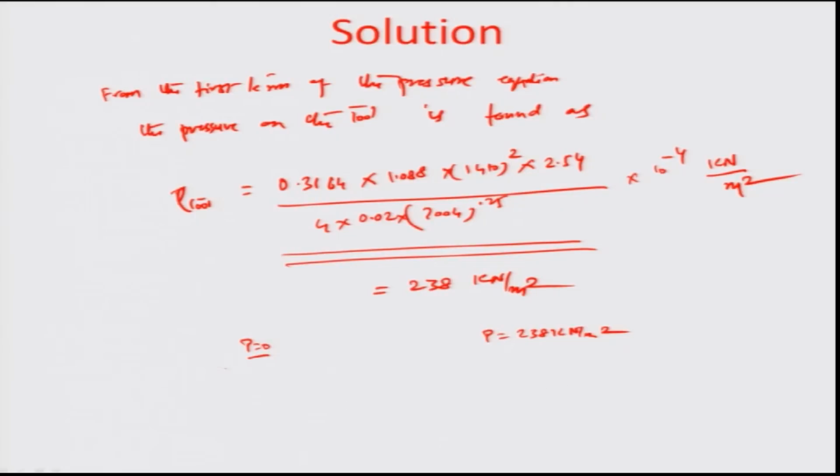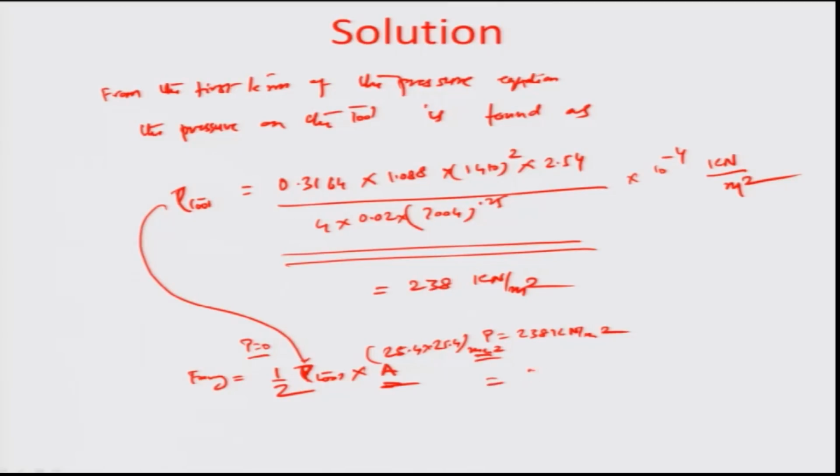So, the overall average force that the electrolyte would apply is half times the maximum pressure at the end of the length L, times the total face area, which is 25.4 into 25.4 millimeters square. Let's convert this into meter square, and then the total force comes out to be 79 newtons. So, that is how the average force on the electrodes turns out.